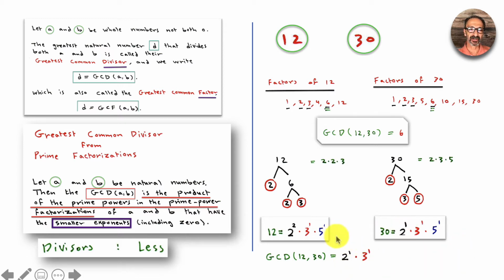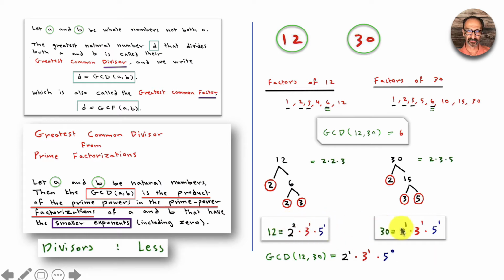This is the product of the prime powers in the prime power factorizations of A and B that have smaller exponents. So between 5 to the power 0 and 5 to the power 1, the smaller exponent is 0, so we take 5 to the power 0.